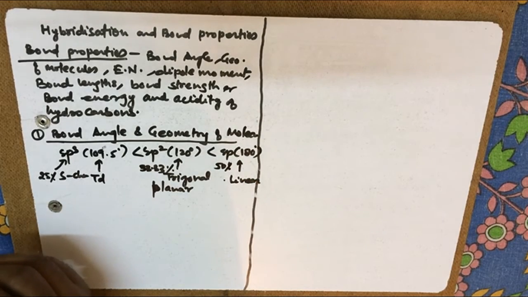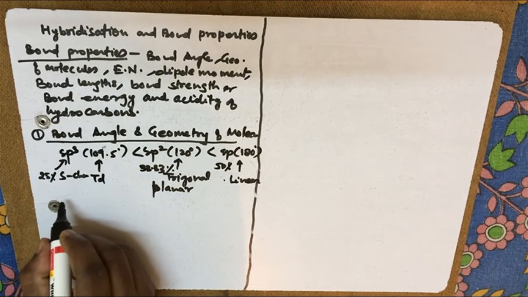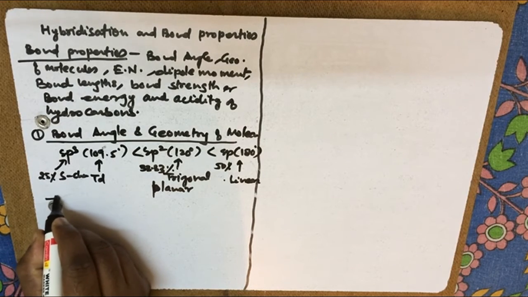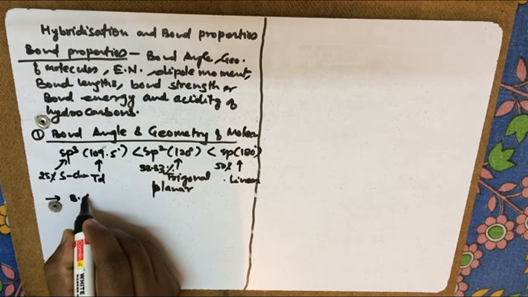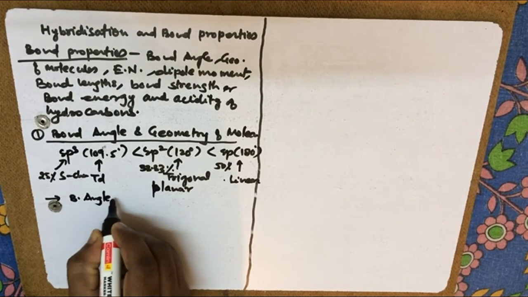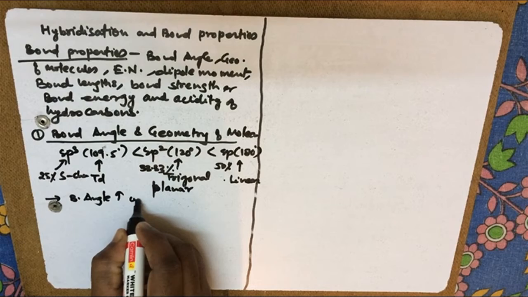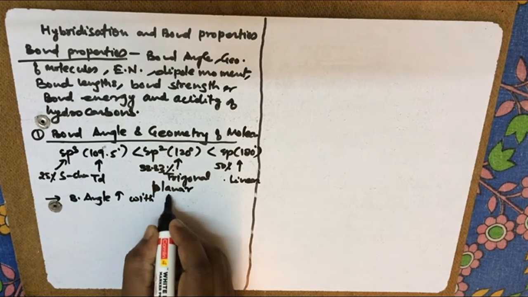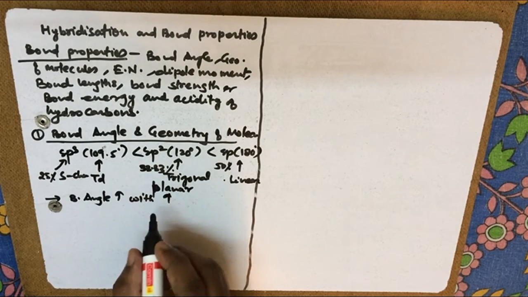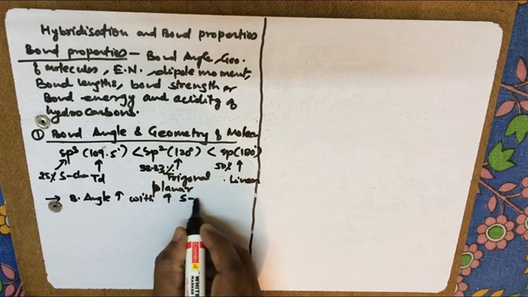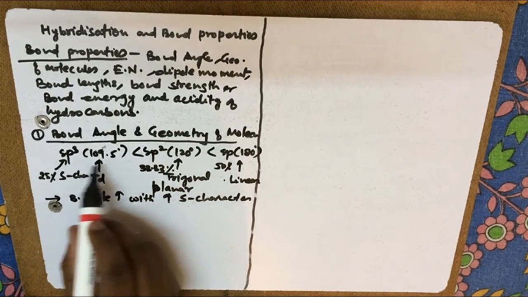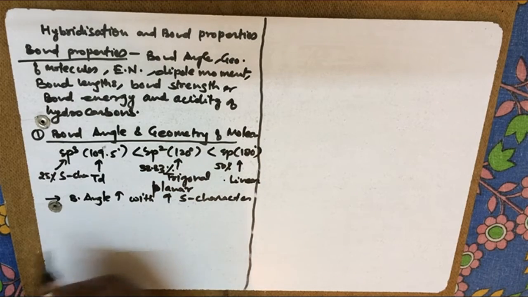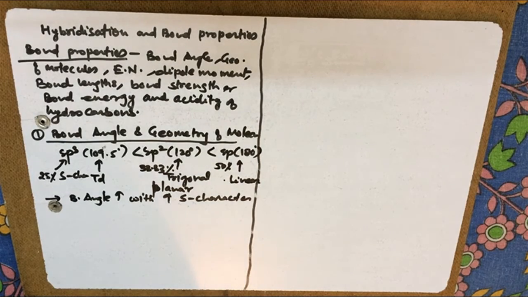Okay, so if we see the trend, bond angle increases with increase in s character. As you can see, where s character is increasing, bond angle is increasing.